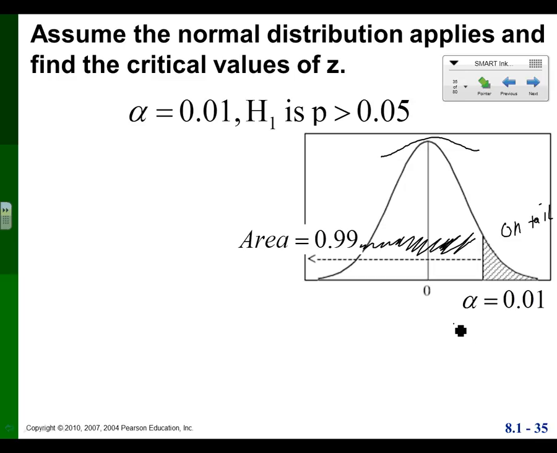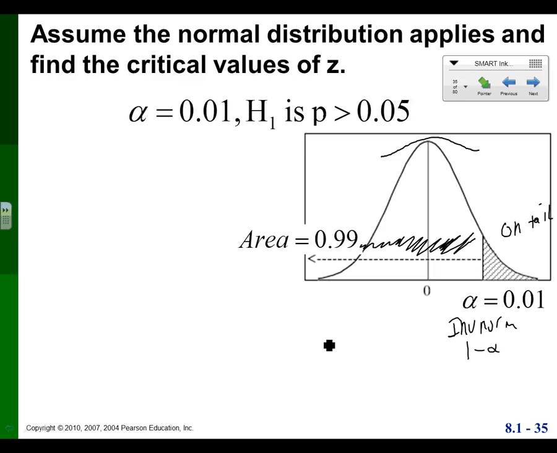P, 0.05 means the probability that it's true is in this region. So you see how we'll do inverse norm? 1 minus just alpha in this case, because it's a one-tail test. Alright? The reason I'm showing this region is because it says P is greater than 0.05. So go ahead and find this critical value. Divide by 2 means for 2 tails.